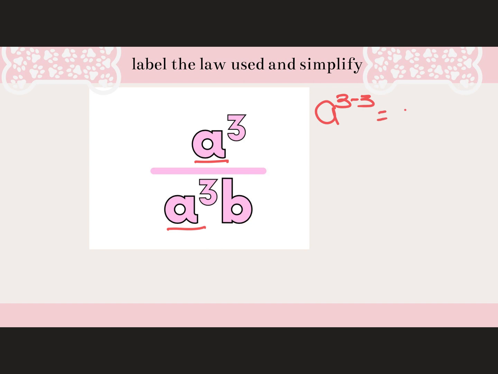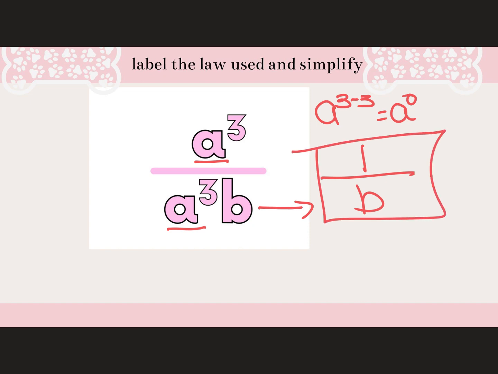So we know that this is a to the 0. Okay. Now, our zero exponent rule says that any non-zero number raised to a 0 power is 1. So I'm left with 1 on the numerator. And then what about my poor b that's still on the denominator? Just move it over to the denominator. That's it.